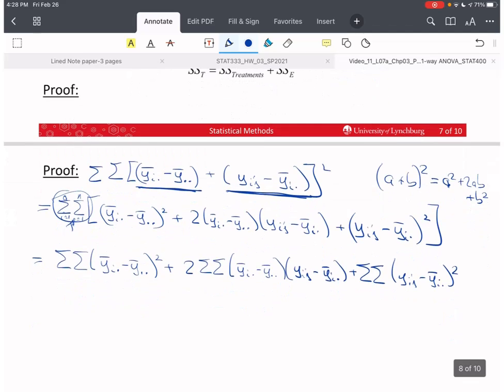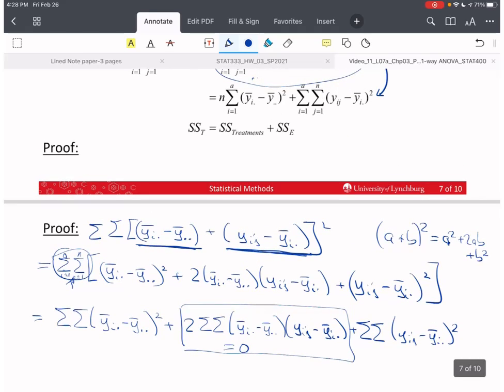Okay, and so what we're saying is that this center term has to go to 0. That's what we need to show. Because if you look at this, here's the first term, and, well, I can simplify this a little bit, can't I? j equals 1 to n. The only index in this term is i.